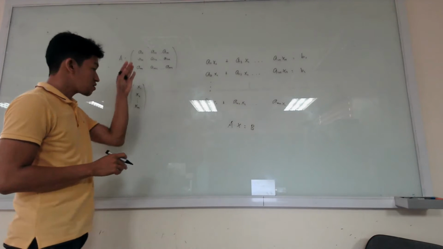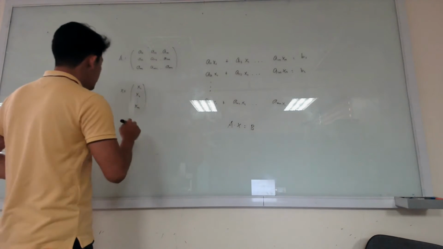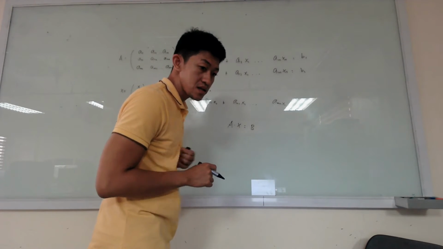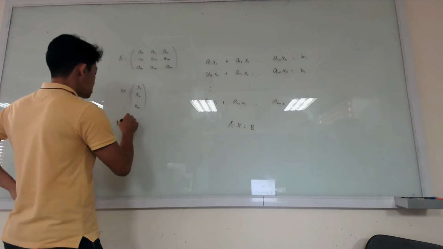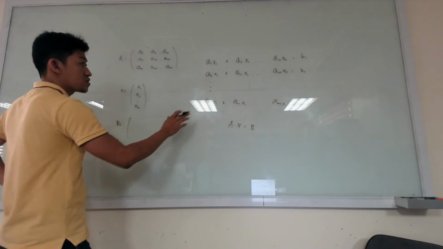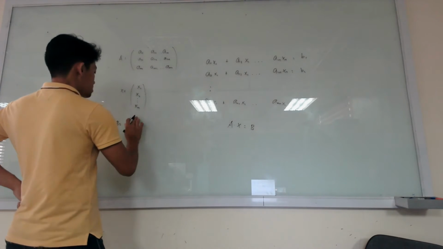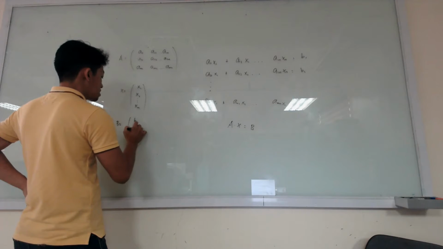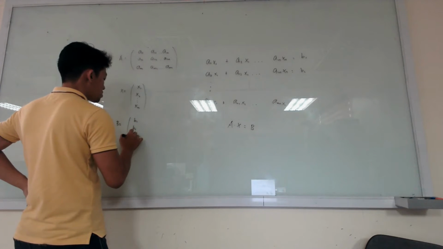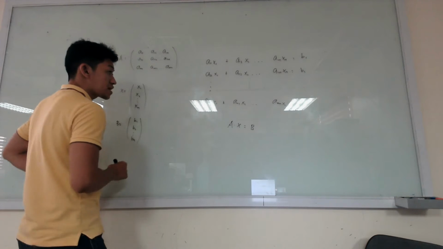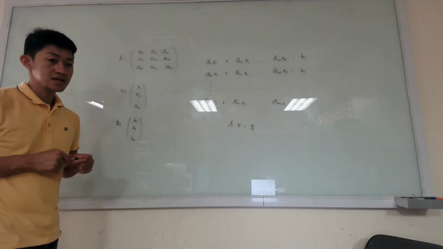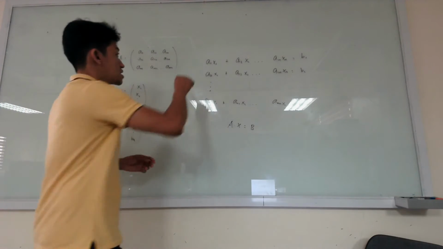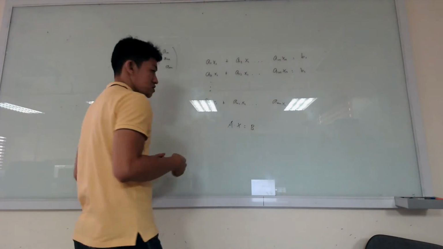So this is a column vector, and your b is your constants, b1, b2, up to bm. So this is how you represent this system of linear equations.